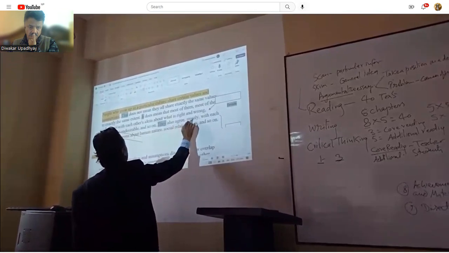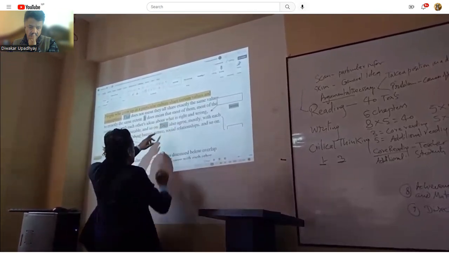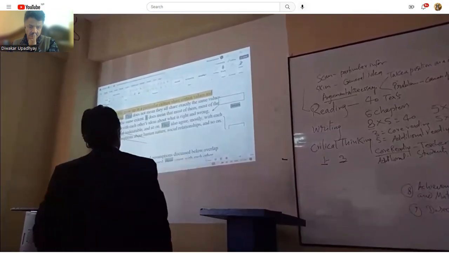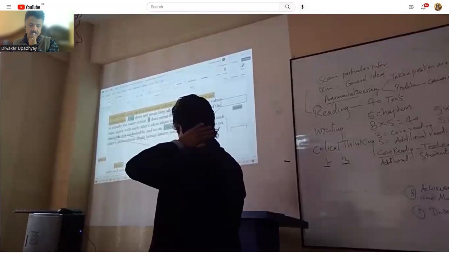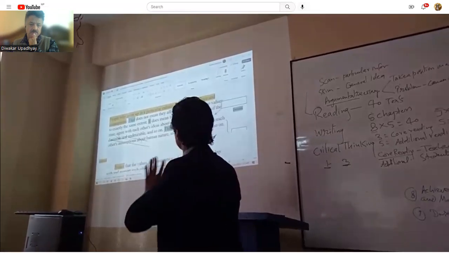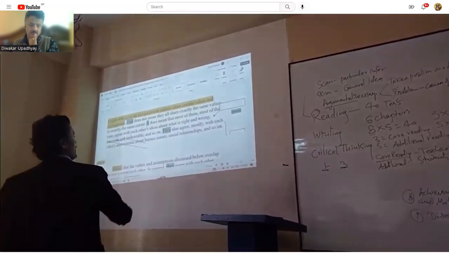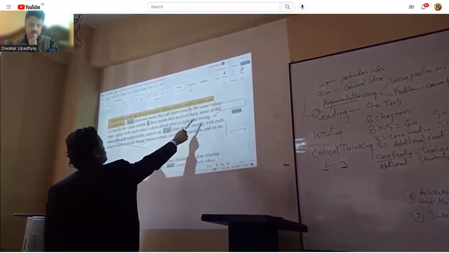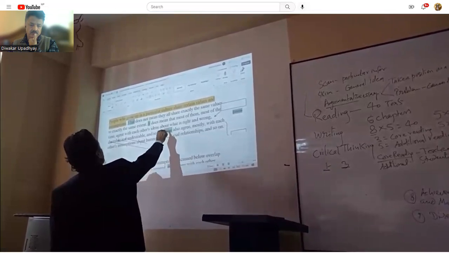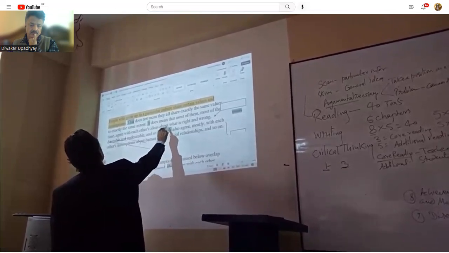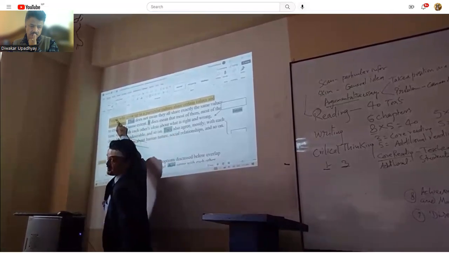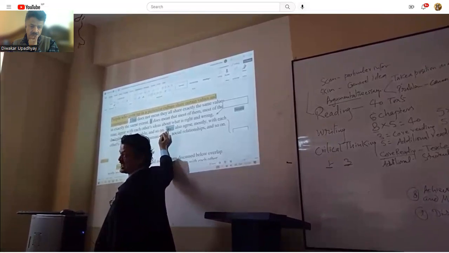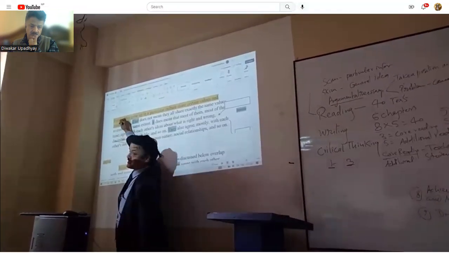They also agree. Now look, here is another pronoun. Now you must know what it is referring to. They also agree mostly with the assumptions about human nature, social relationships, and so on. Now, can you see what this means? Can somebody tell what this pronoun is referring to? Look, it's down here in the last sentence, but it is referring to the first sentence.